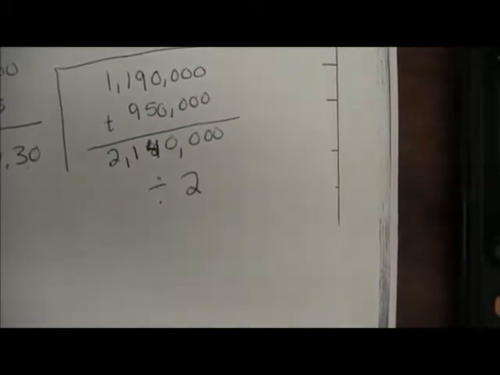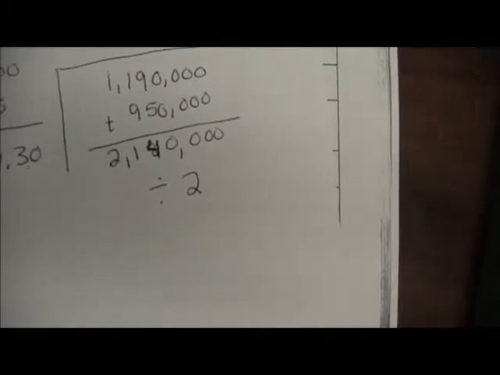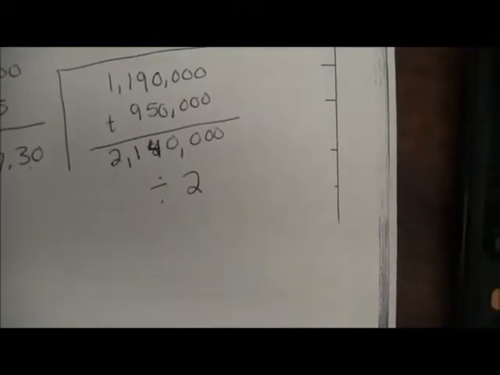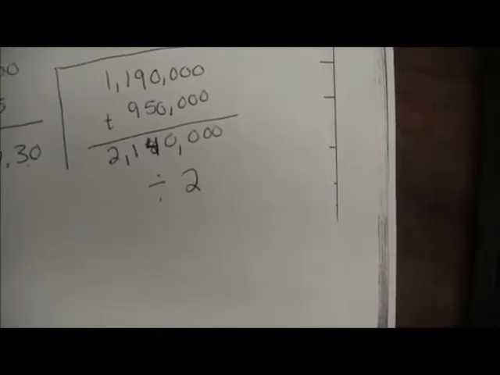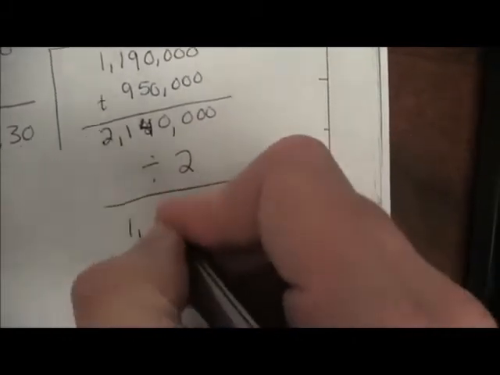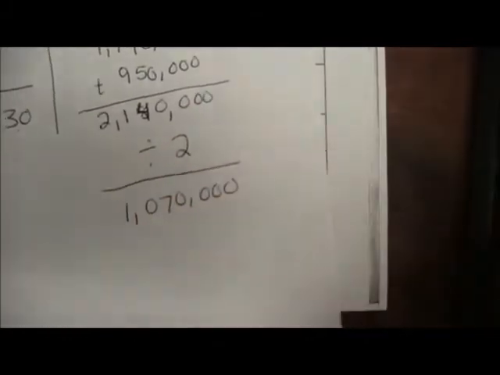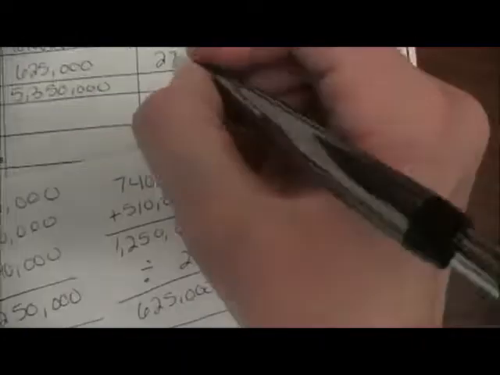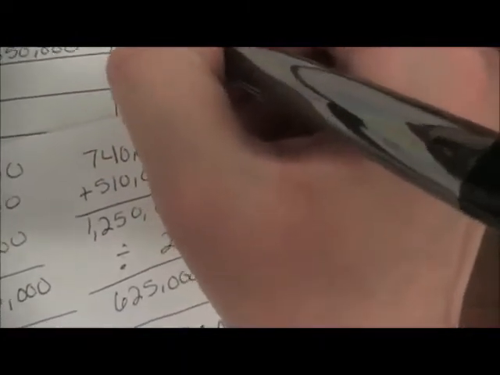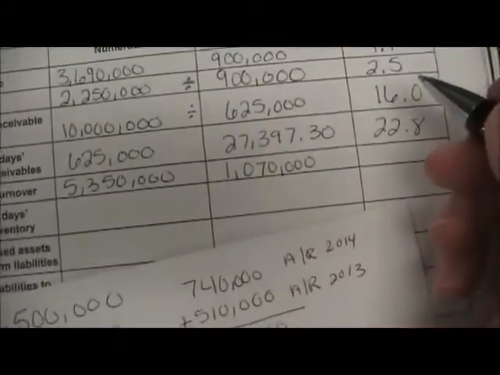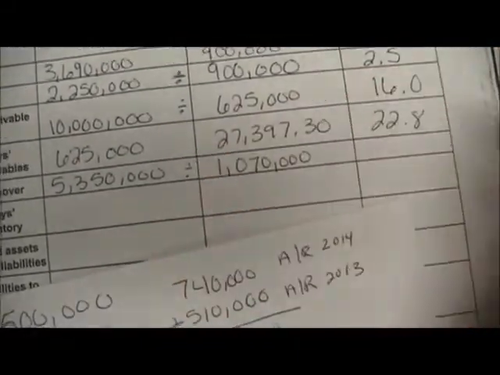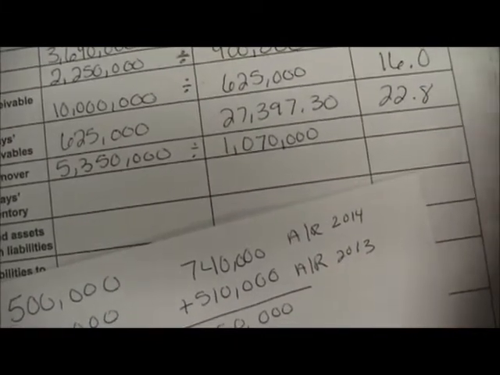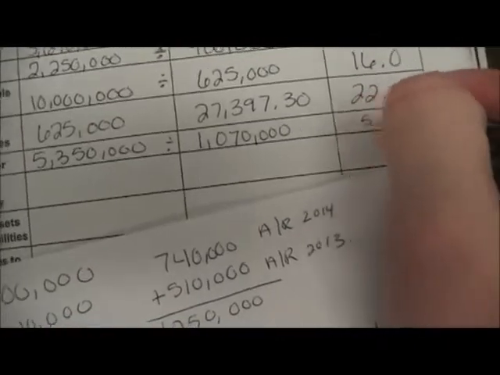And we get $1,070,000. So this is my average inventory, so that becomes my denominator. And again, I'm going to divide these out, and we get 5.0.